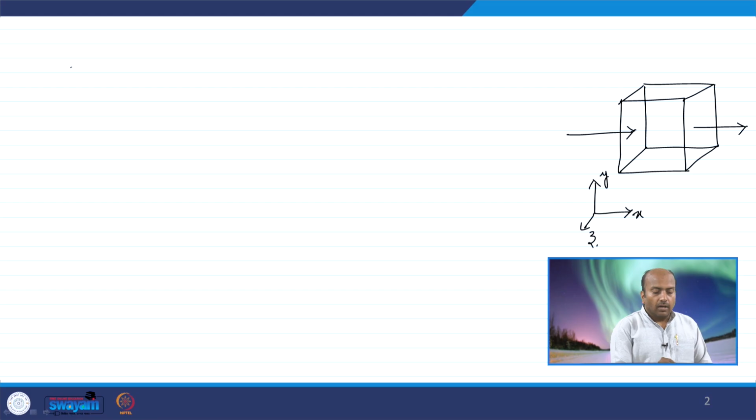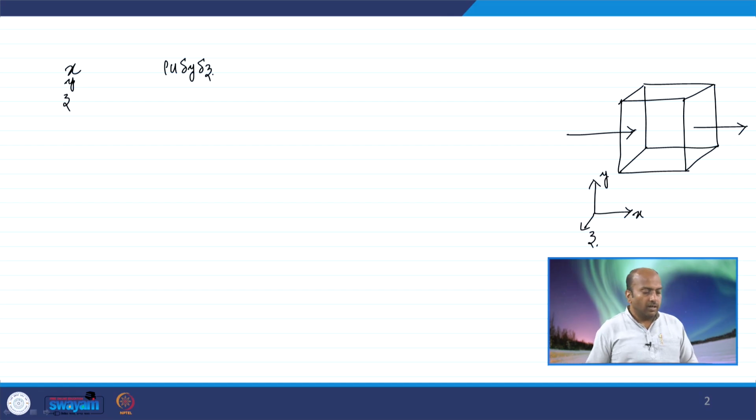So, if it is a three-dimensional picture in which all the three directions x, y, z are intact, we can say the mass of the fluid that is going inside along the x direction will be equal to rho u delta y delta z.